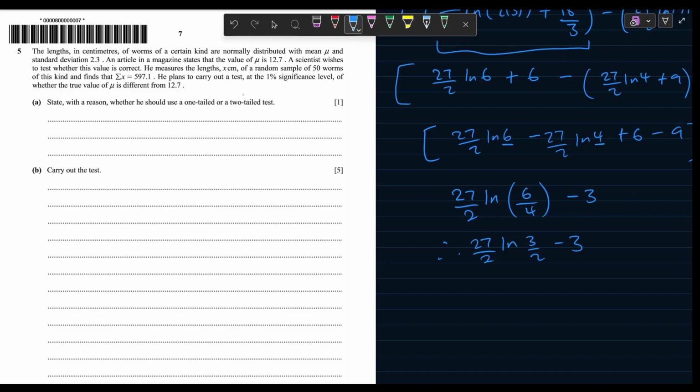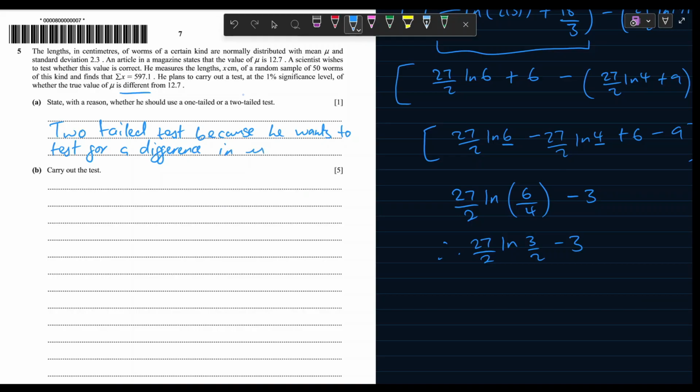So we can say that it's a two-tailed test, because he wants to test for a difference in mu.